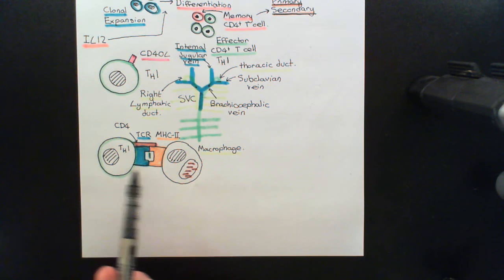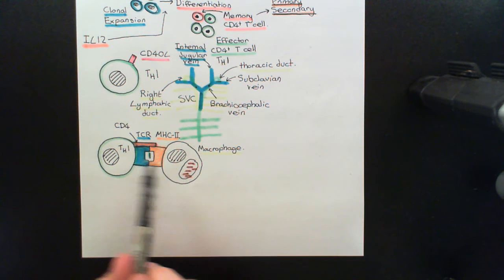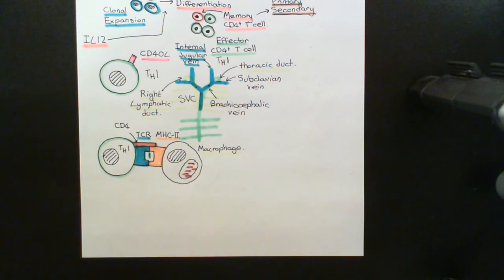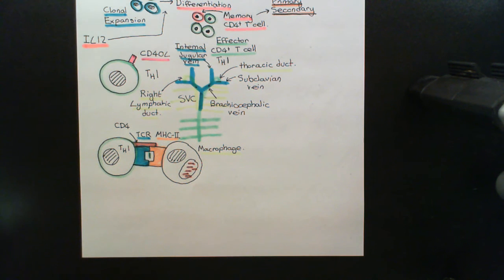The T helper 1 cells, when they come and activate the macrophages, are giving them permission to go at it to the full level. They're giving them permission to try as hard as they can with their killing mechanisms, produce as much reactive oxygen species and reactive nitrogen species as you like. Fight fire with fire and don't worry about the consequences of it. That's what the T helper 1 cells are doing with the macrophages.